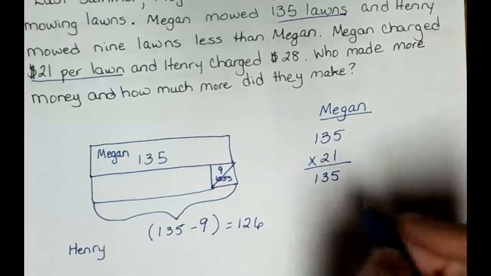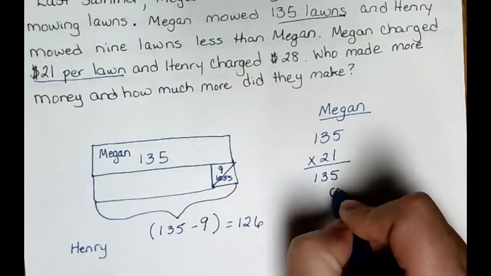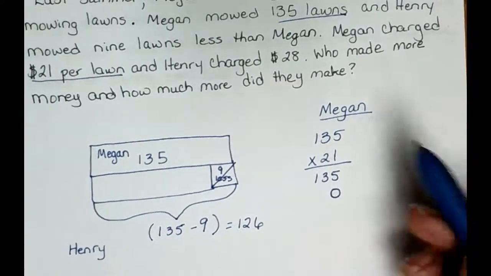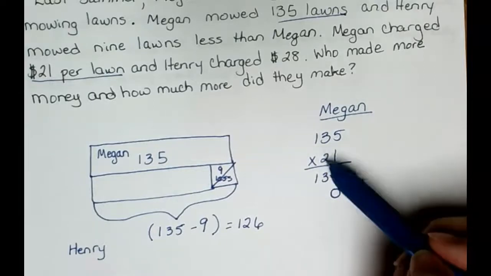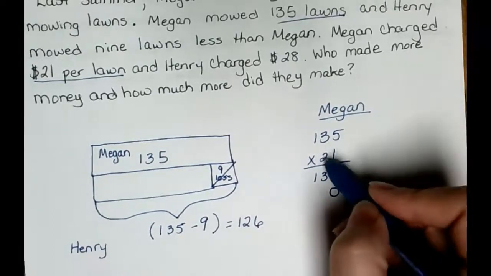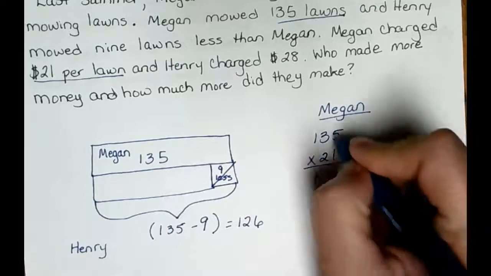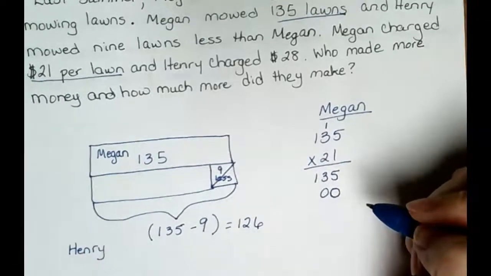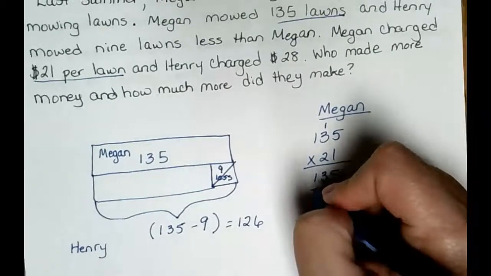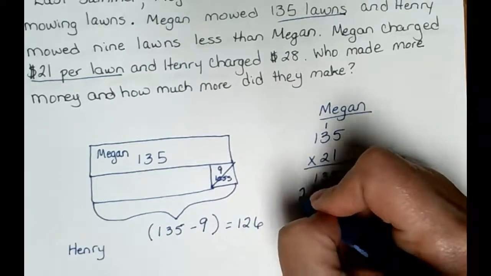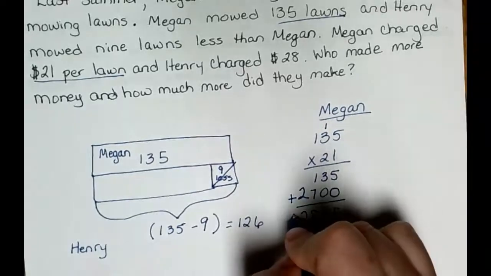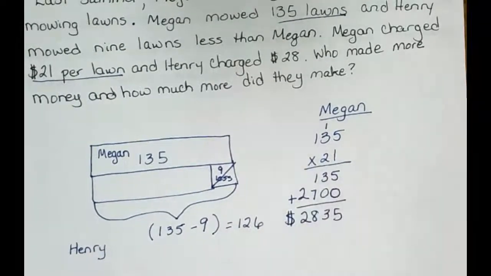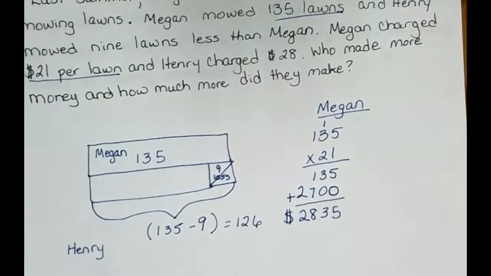So if I put the 0 from the 20 down here in the ones place so it can hold the ones place just like it does in the number 20, then I can multiply by 2. 2 times 5 is 10. 2 times 3 is 6, plus 1 more is 7, and 2 times 1 is 2. And so then I want to add those together. So now I know that Megan made $2,835.